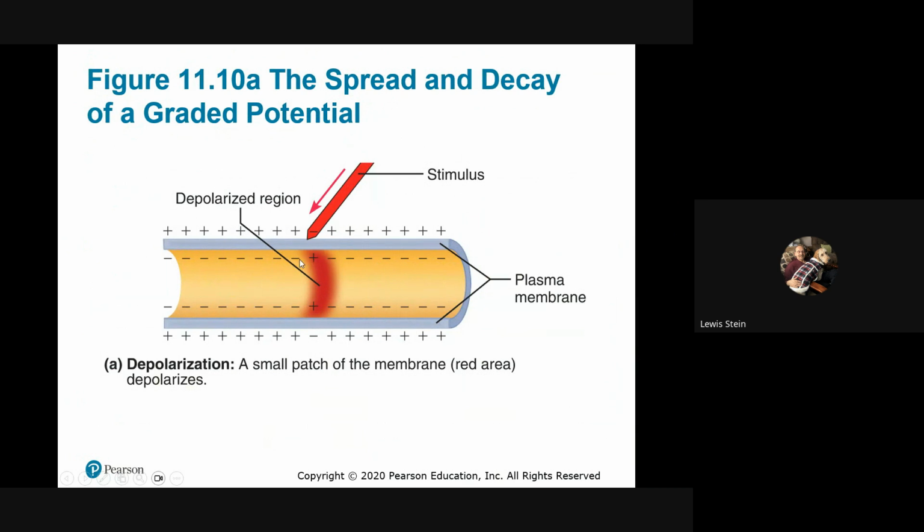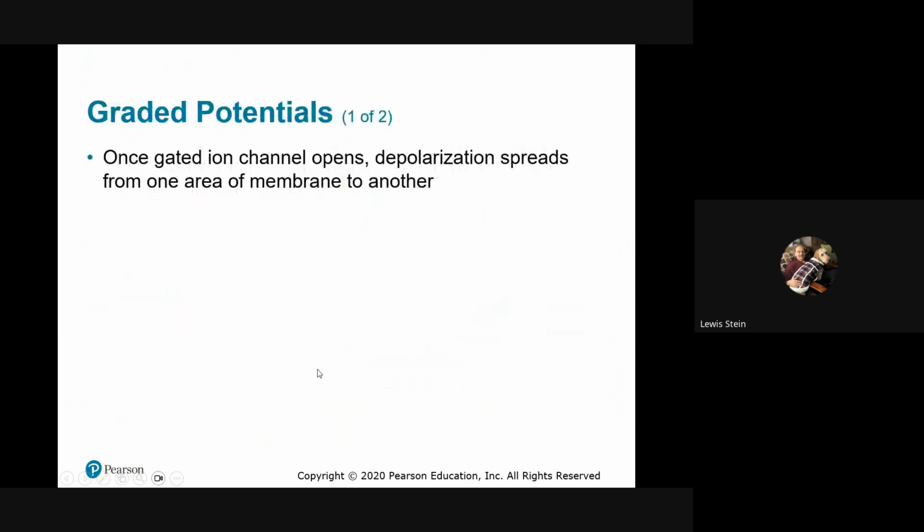This positive is going to be inducing the adjacent negatives to also flip. And that's where the chain reactions start. If we get it far enough in whichever direction it is going, where the abundance of these big voltage gated channels are, then it will carry on completely. So this is a small patch.